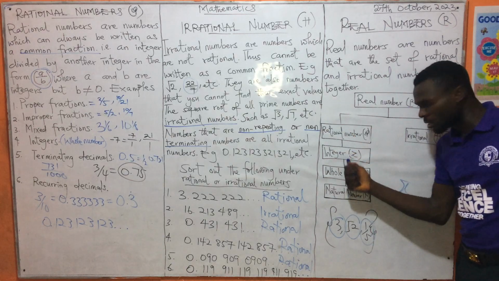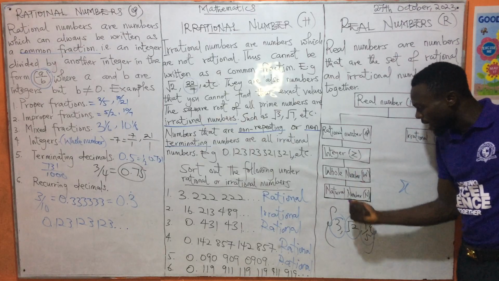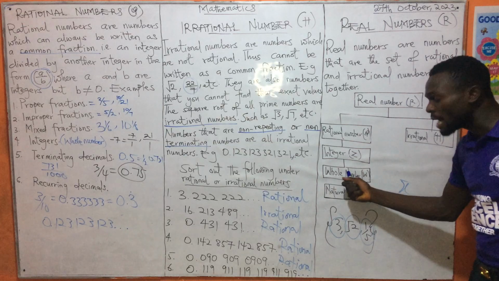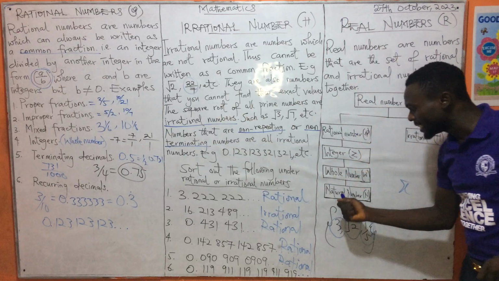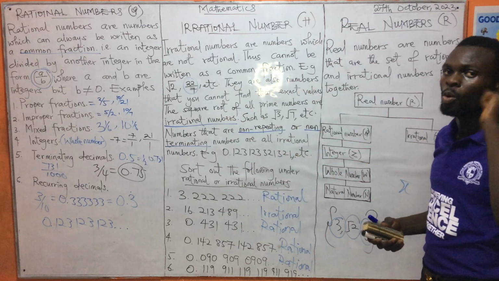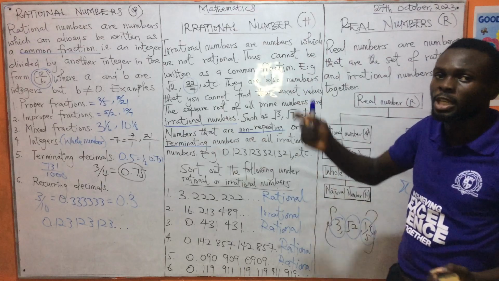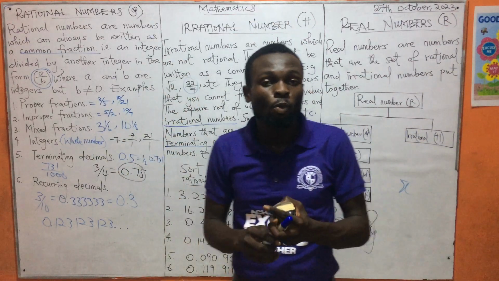So in real numbers, you have integers. In integers, you have whole numbers. In whole numbers, you have natural numbers. Whole numbers start from 0 to infinity. It has no end. And natural numbers, or counting numbers, start from 1, because when you are counting something, you don't start from 0, 1, 2, 3. No. We start from 1.